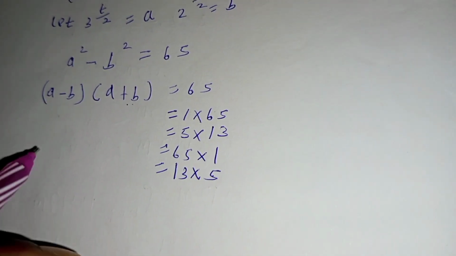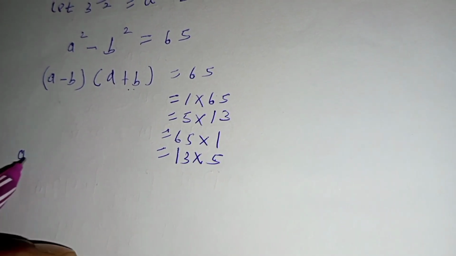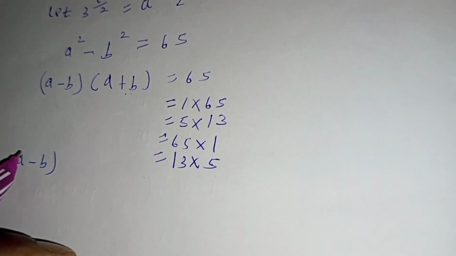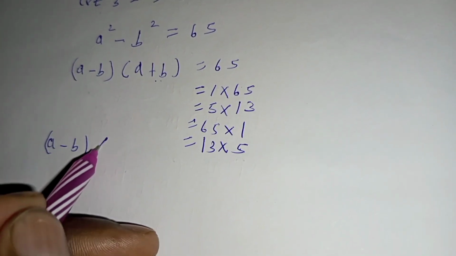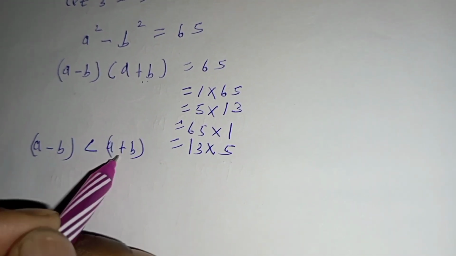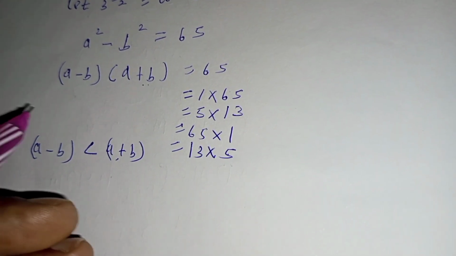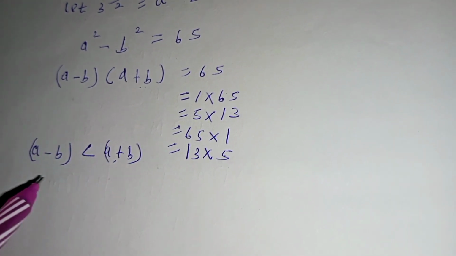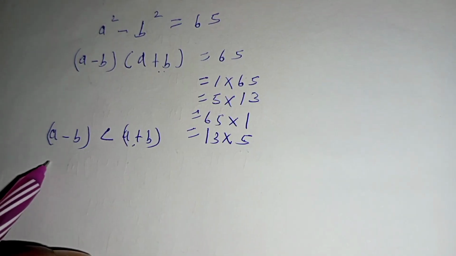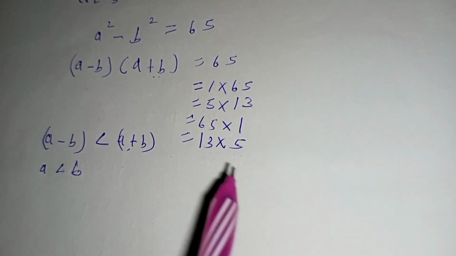Now, this condition here must be met. The condition is that a minus b should always be less than a plus b. So out of these 4 possibilities, we want to find a scenario whereby the first factor is less than the second.